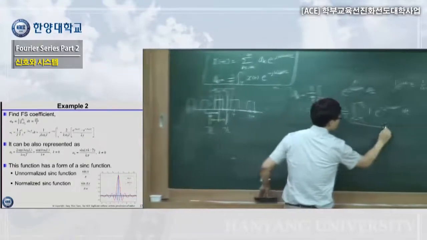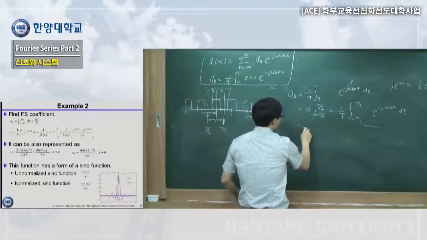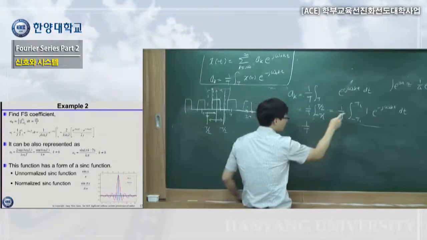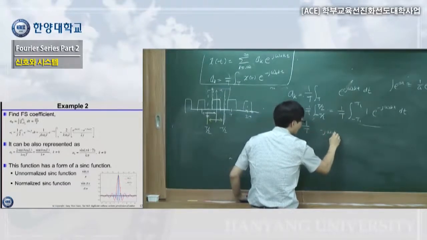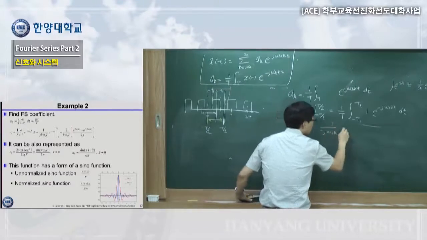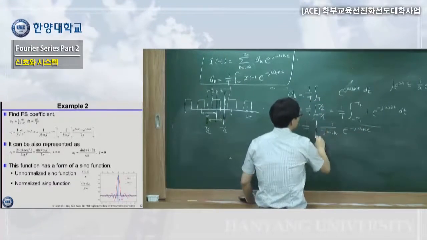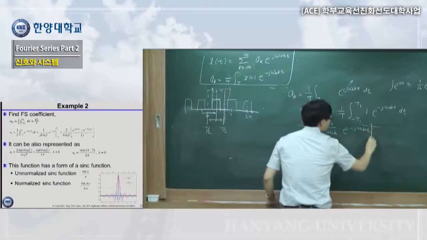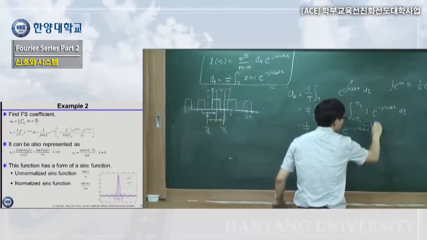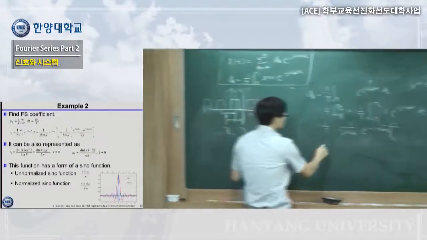Let us consider only this. Once again, the integral of that is 1 over minus j omega 0 k times exponential minus j omega 0 k t, evaluated from minus T1 to T1.